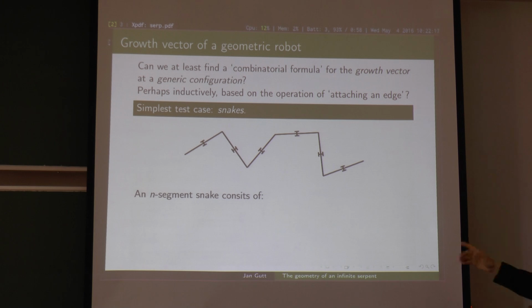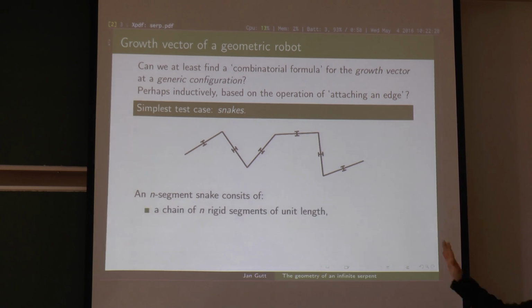Well, the easiest thing to do is just to produce a chain of segments. So those chains of segments are what we call snakes. An n-segment snake consists of a chain of n rigid segments of unit length. Then they are connected by freely rotating joints, although everything is planar, so just rotating in the plane.